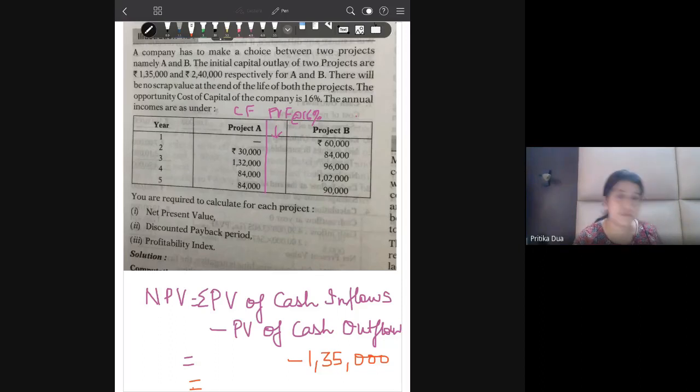For the first machine, please Nipun, check your answer for the first machine. The second is correct. As per the book, there's a difference in the first NPV. If there are more responses, we can cross check the answer also. Jatin has given 58254.